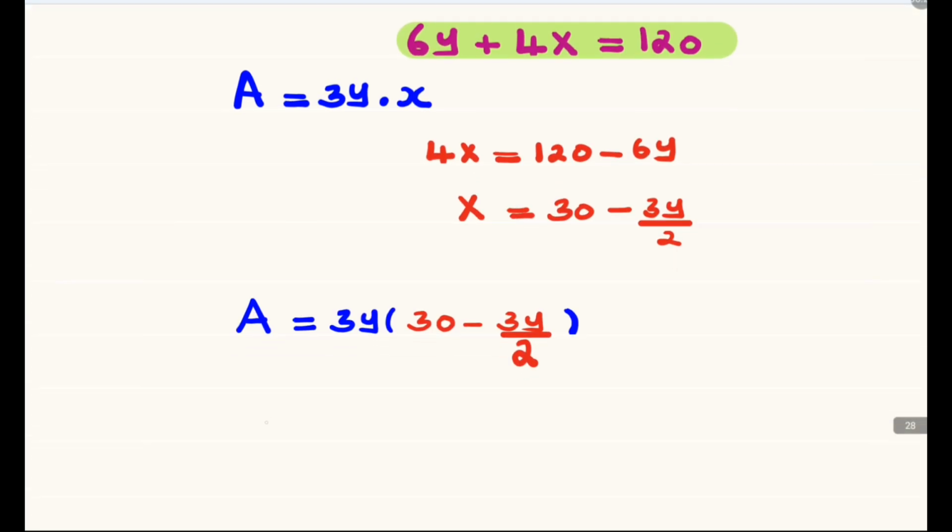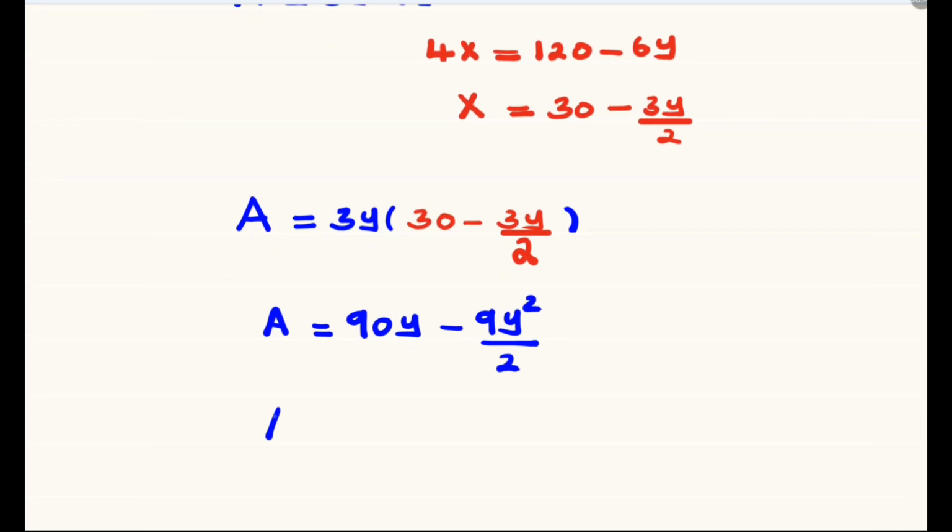We distribute the 3y, and our area will be equal to 3y multiplied by 30, which is 90y, and 3y multiplied by negative 3y over 2, which is negative 9y squared, divided by 2. We have a quadratic equation in y, so our area will be equal to negative 9 divided by 2 multiplied by y squared plus 90y.